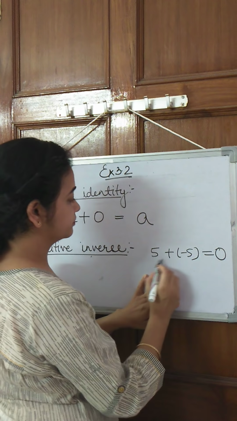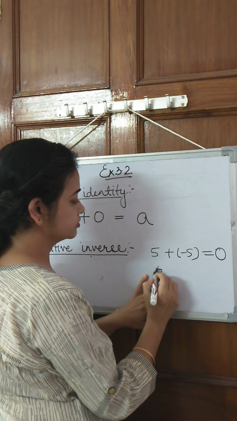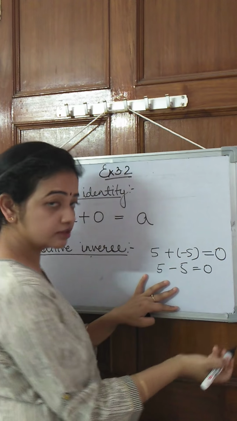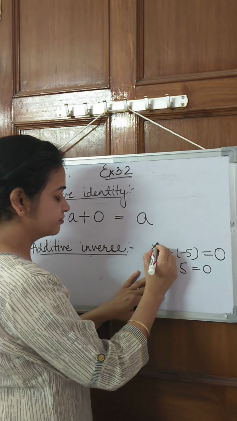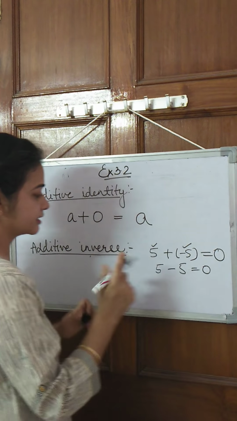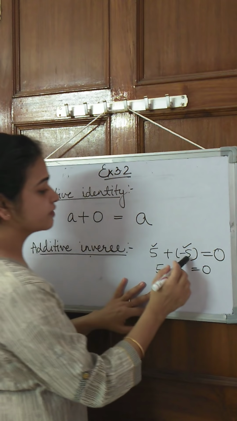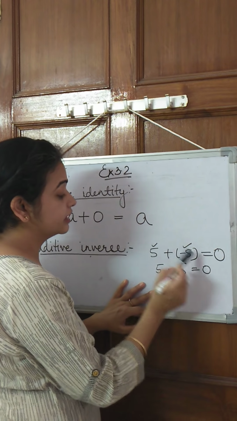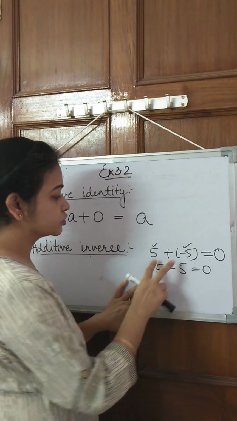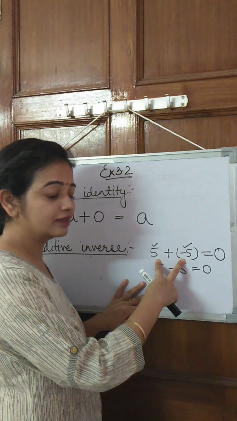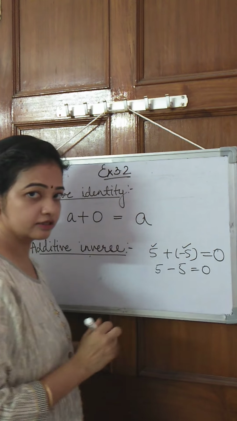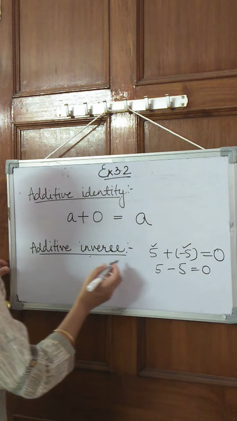You can do the calculation also. Plus minus is minus, 5 minus 5 is 0. So minus 5 is the additive inverse of 5, or 5 is the additive inverse of minus 5. So these are two opposite, inverse numbers, and when I add these two inverse numbers, I get 0.